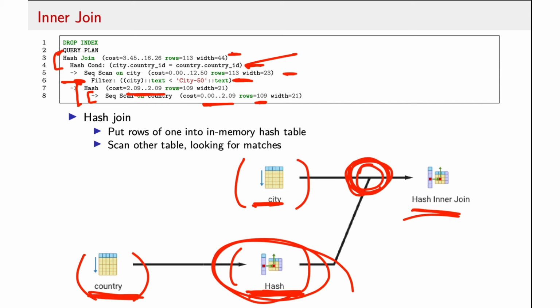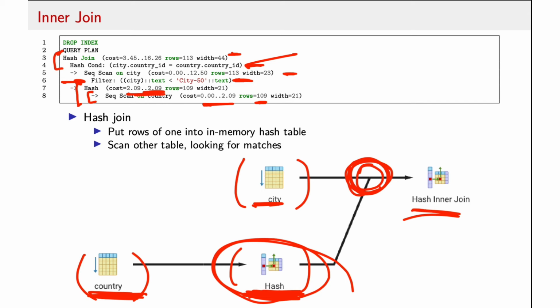But in practice, what's going to take place is that we're going to create this hash table as we're reading in rows from the country table. And because the disk I/O is really slow, we're basically going to get the construction of the hash table for free. So 2.09 is an important number here, and we can see that we have to wait for that to get done before we can actually start doing the join.